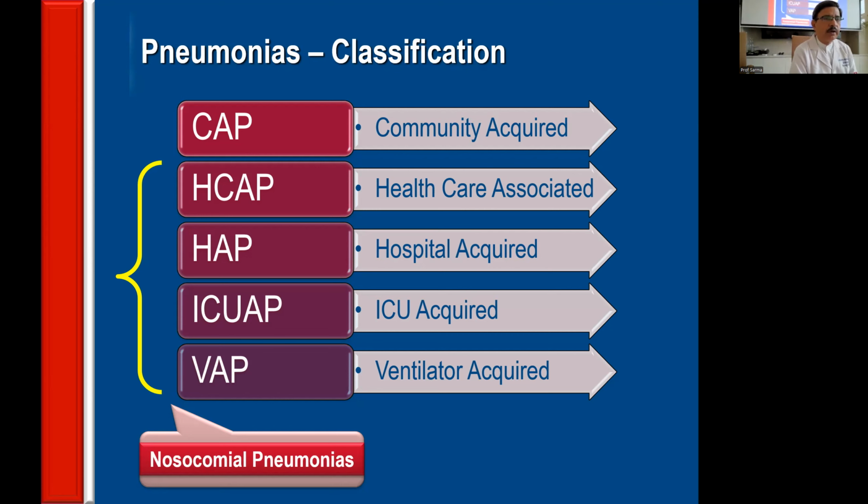Nosocomial means related to some health institution and some provider. Sometimes this healthcare associated is also branched as the people who are in the asylums, ashrams, old age homes. They also do have institutional pneumonias because certain things are common there.